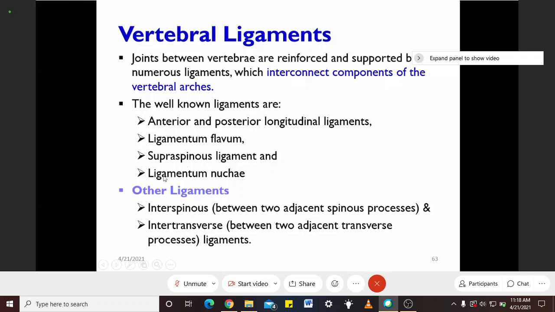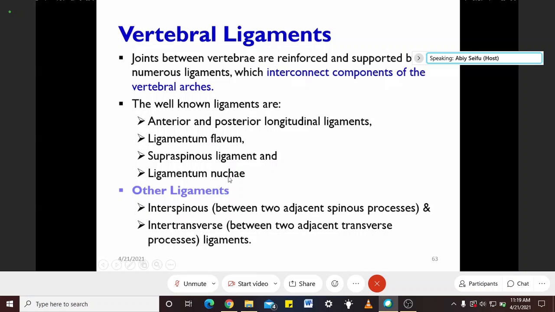The other is the ligamentum nuchae and the supraspinous ligament. As the name indicates, the supraspinous ligament is the ligament that passes over the tips of the spinous processes, starting from the sacrum up to C7. Superior to C7, there is the ligamentum nuchae, a continuation of the supraspinous ligament.